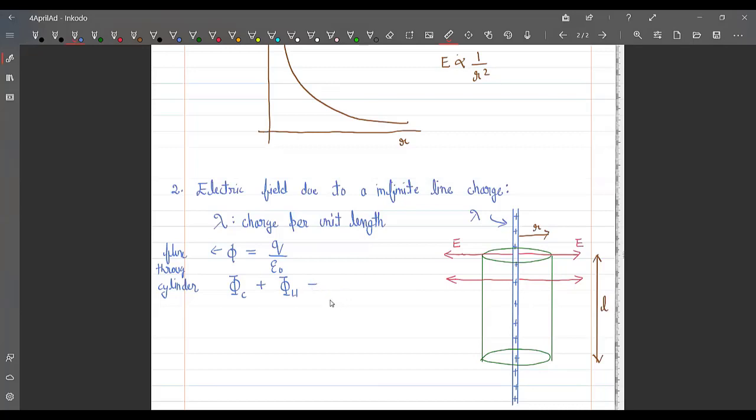Or I can just write it as phi 1, phi 2, phi 3. And what is phi 1, phi 2, phi 3? Phi 1 is flux due to the curved surface. Phi 2 is flux due to the upper lid, top lid. And phi 3 is flux due to the bottom lid.